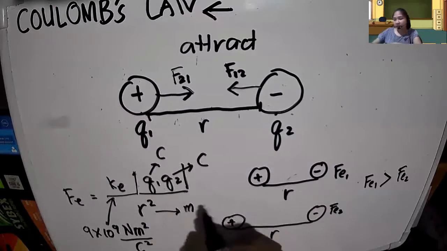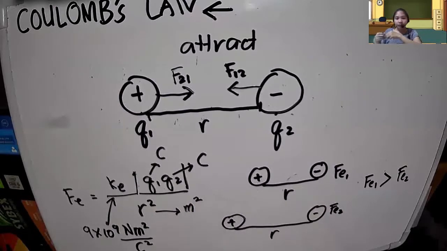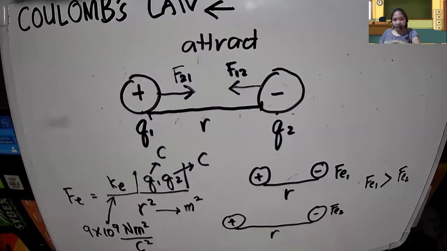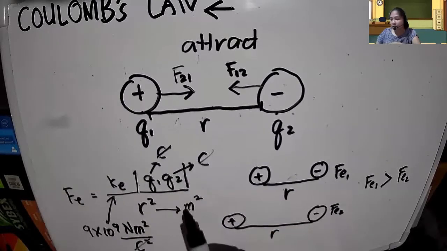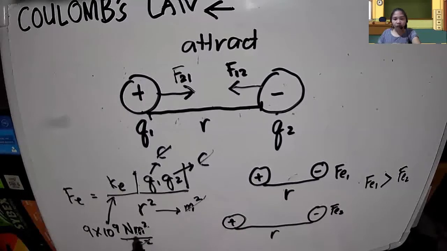When you square it, it should be meter squared. Looking at the units, we can cancel the Coulomb squared and the meter squared. What is left is Newton, which is the unit for the electrostatic force.